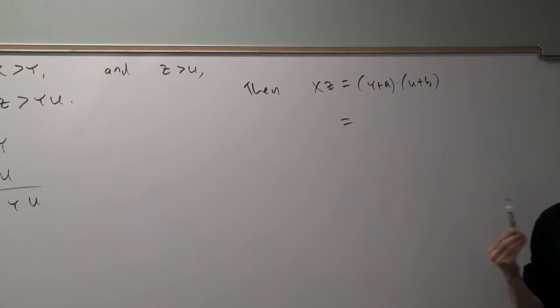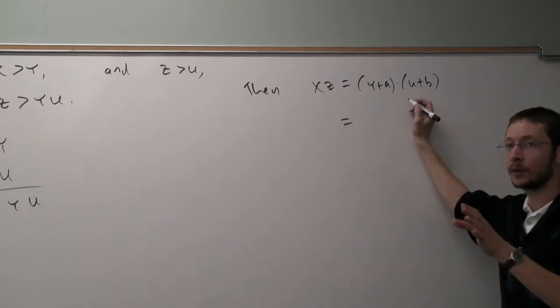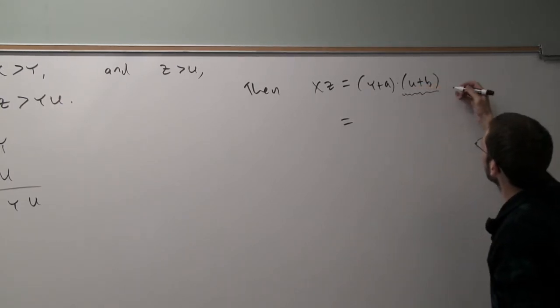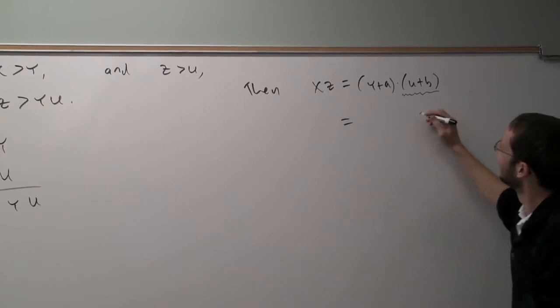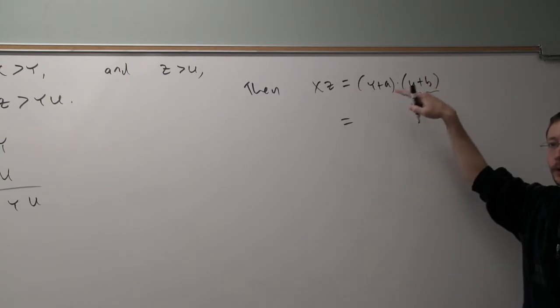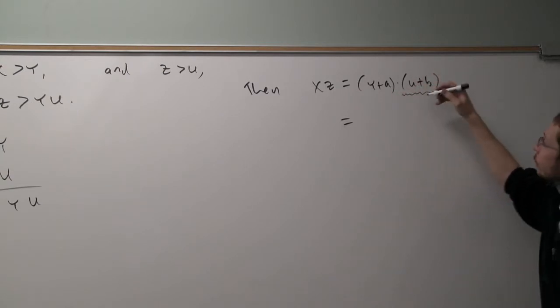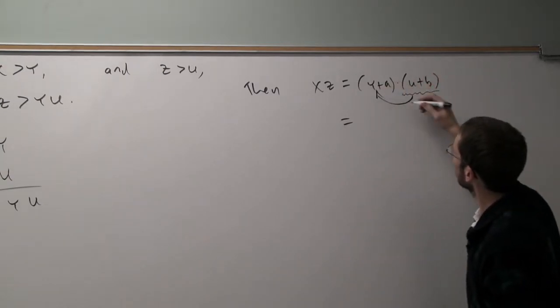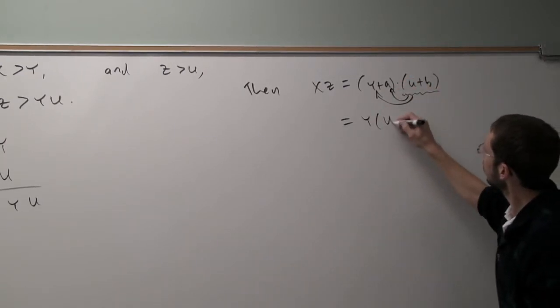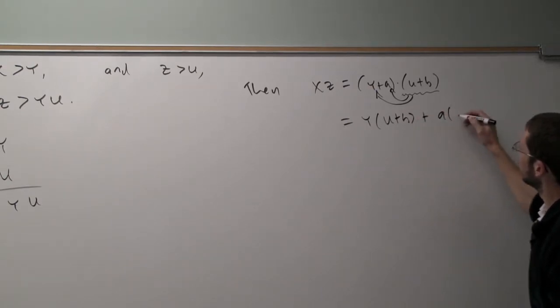What's the rule that goes into that law, though? What makes FOIL work? Yes, the distributive law. So we're not going to FOIL this. We're going to write it out piece by piece and use the distributive law properly. The distributive law says if you have a number outside of parentheses, we distribute it through. So we're going to treat this like one single number, and distribute it to the y, and to the a. We get y times this number, plus a times that number.